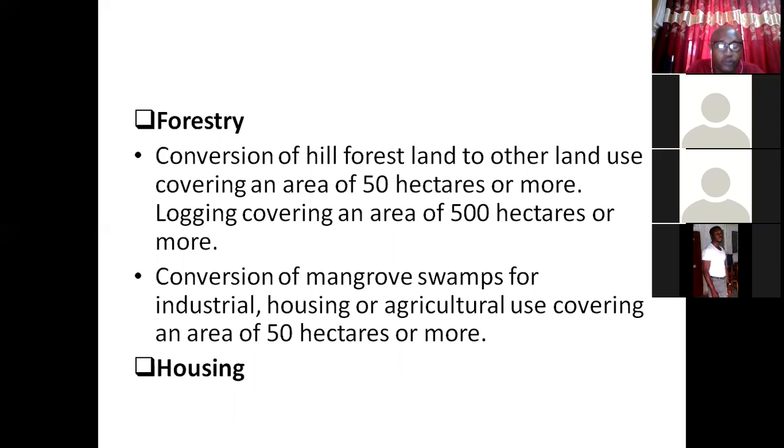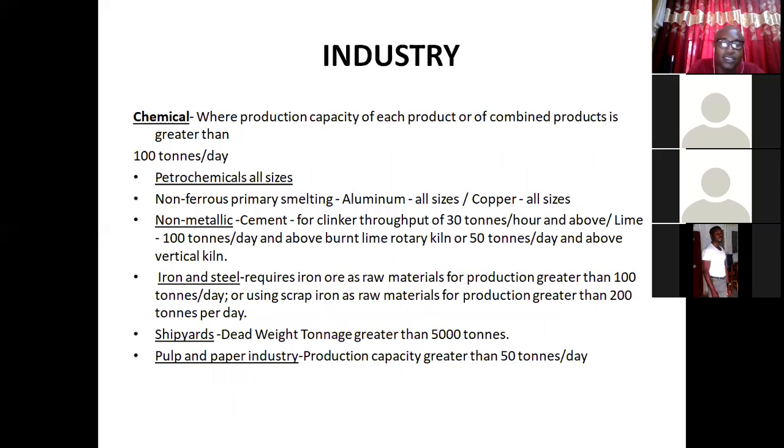Anything below 50 hectares, the state government handles it. I also gave examples of tonnage capacity for industries. Don't expect somebody who wants to run a small cottage iron industry, whose production capacity is less than 1 million in a year, to come and do an EIA of 5 or 10 million naira. You are killing the industry.